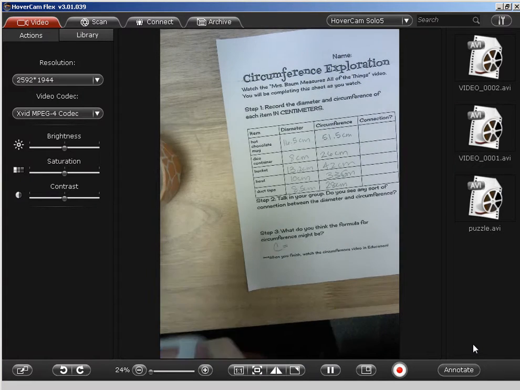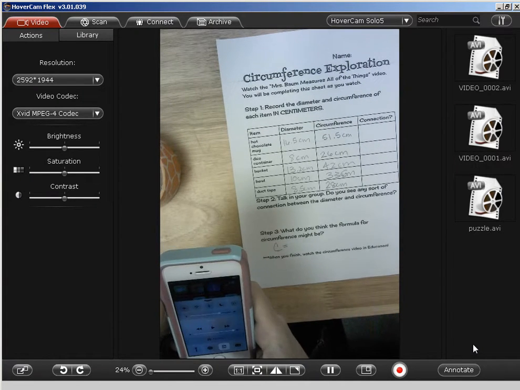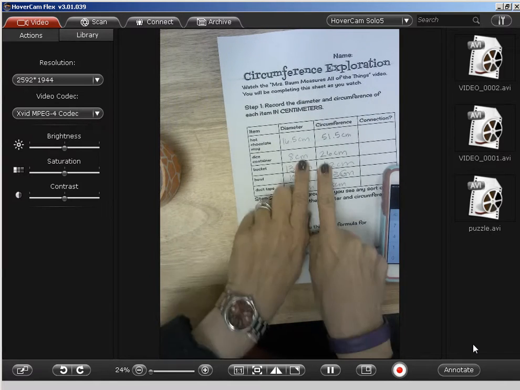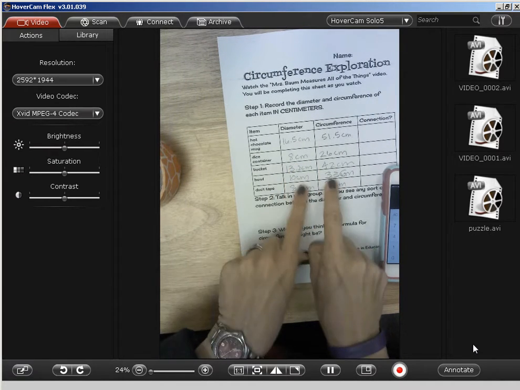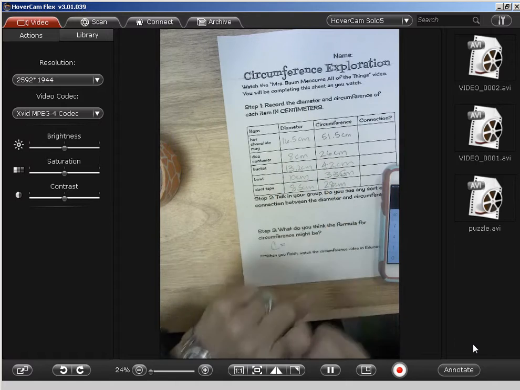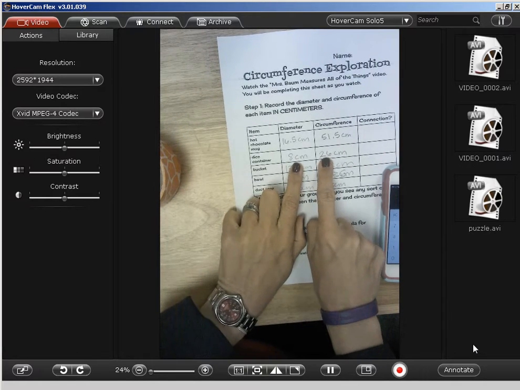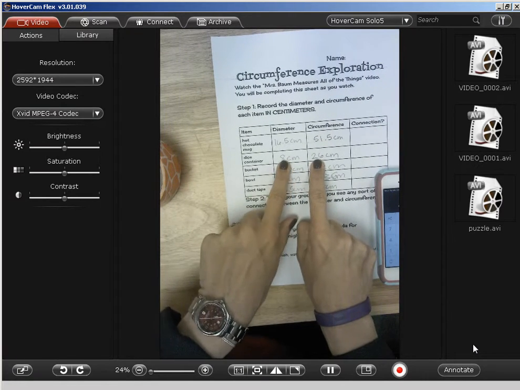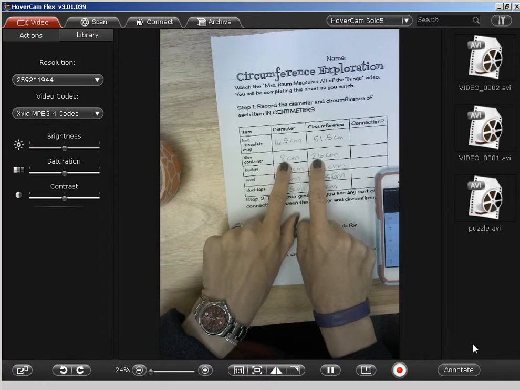Okay, welcome back. So what I wanted you to see is that hopefully you saw it right here. I think these two are probably the easiest ones to see it. Your circumference is like 3 times your diameter and a little bit more.